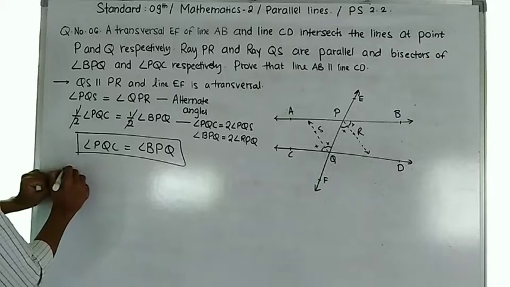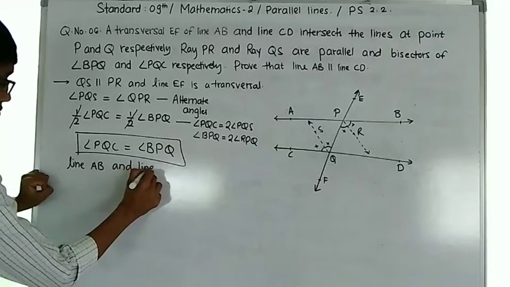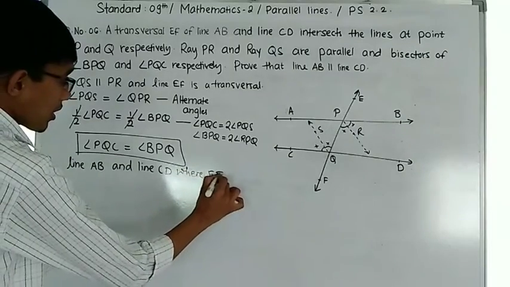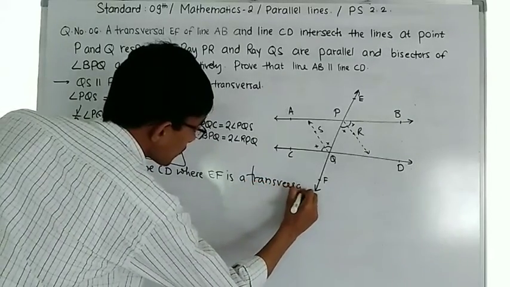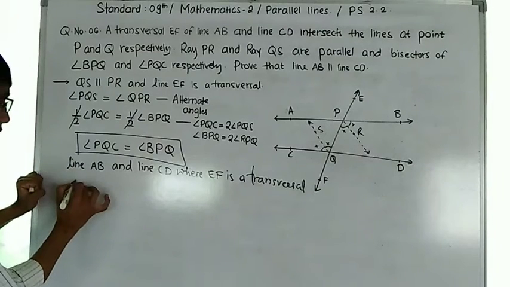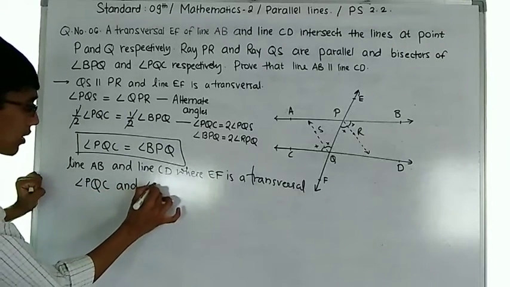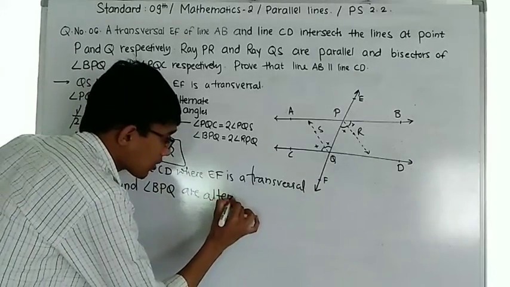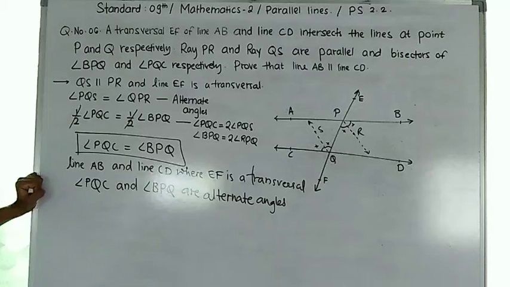Now considering line AB and line CD where EF is a transversal. I considered EF as the transversal. So in that case, angle PQC and angle BPQ are alternate angles.